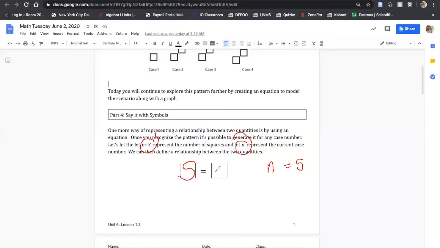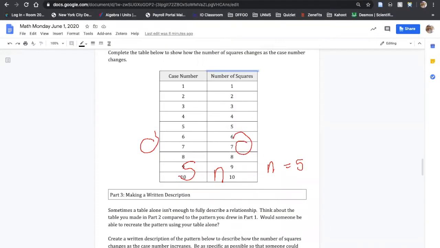So case number 5 is going to have 5 squares. Case number 10 is going to have 10 squares. So if you're given the case number, you can tell that that's just going to be the same as the number of squares, right?